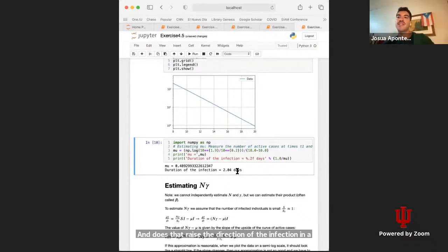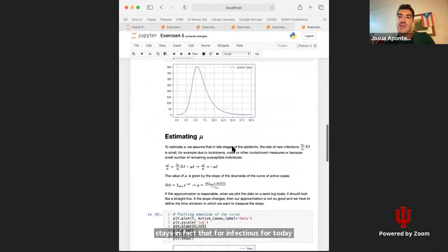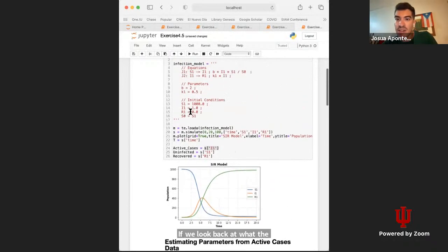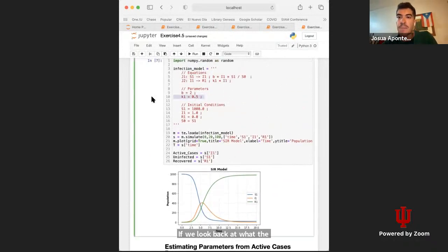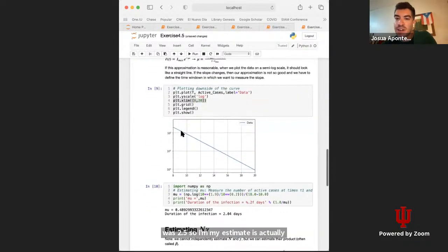So an individual stays infectious for 2 days. If we look back at what the model parameter is, my mu was 0.5. So my estimate is actually quite good, even if I was just eyeballing it.